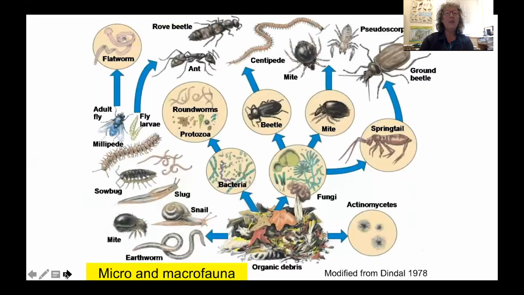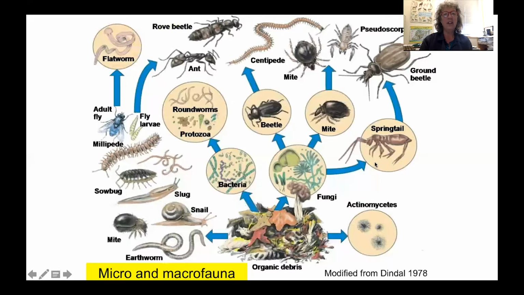And then we have micro and macrofauna. This is a great picture from Dindal that shows all these lovely creatures that live in soil, and in a compost heap, you're going to see it even more in your face, in greater numbers, greater density.